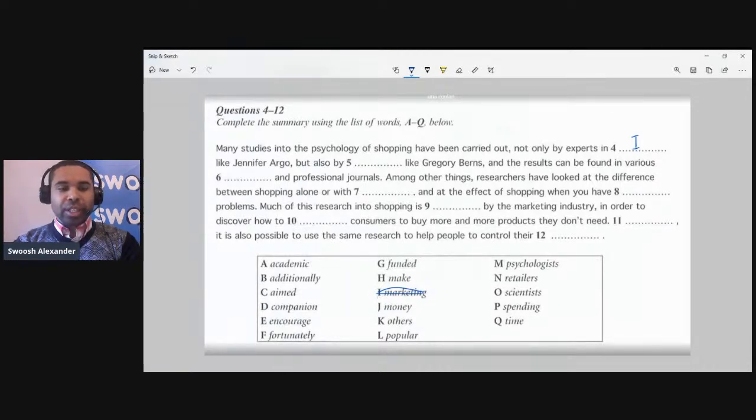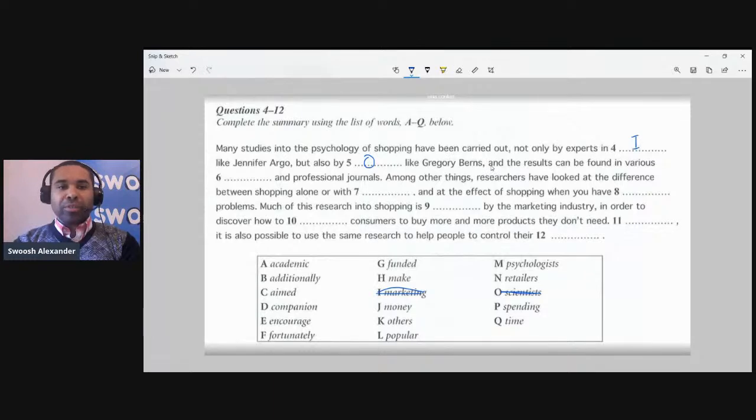And the answer in this particular case is scientists. Okay, so scientists, they are a type of professional and they have been carrying out studies into the psychology of shopping as well. Okay, scientists do studies, so this would make sense in this context.